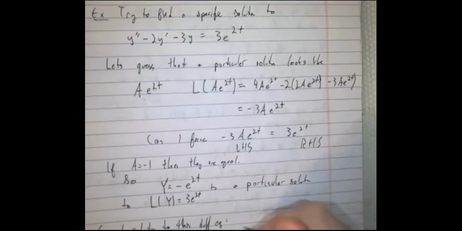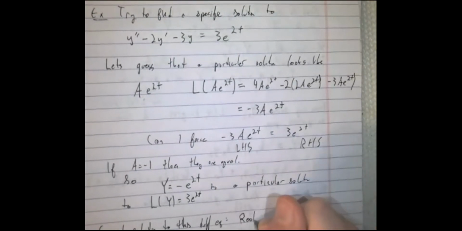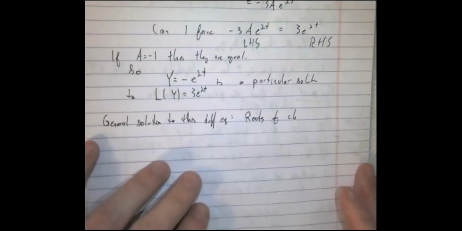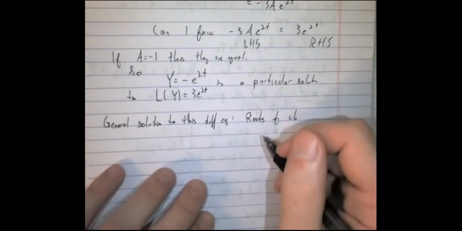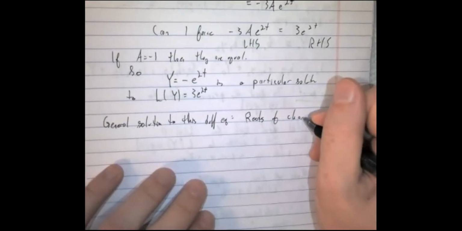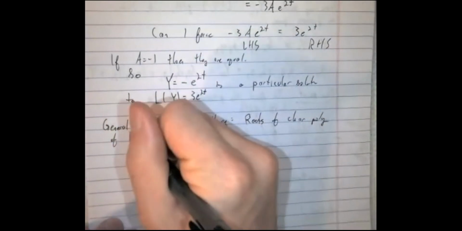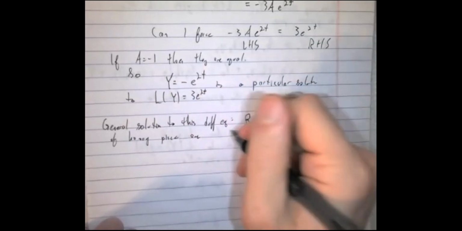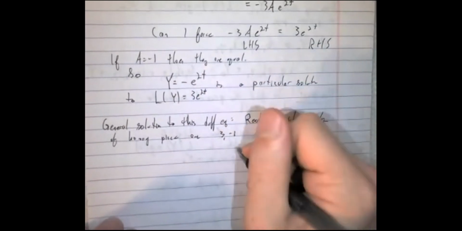So roots of the characteristic polynomial of the homogeneous piece are 3 and negative 1.